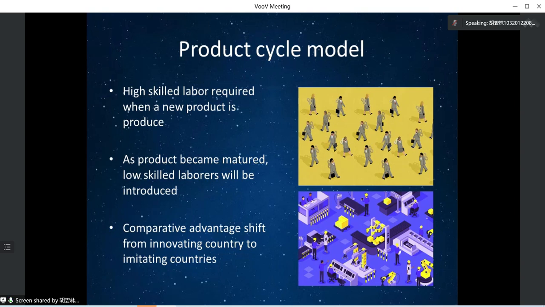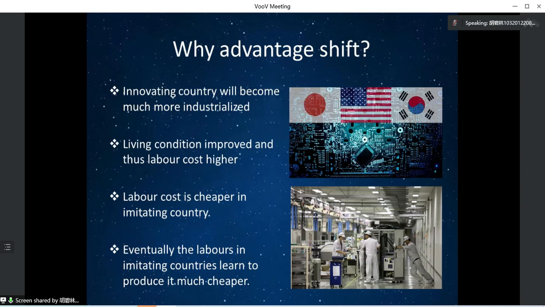Let me give you an example of this comparative advantage shift. During the last century, the US was the industrialized country, while in Asia there was a country called Japan, which had just recovered from World War II and was still not so advanced. They were still developing their economy compared to the US, which was already developed. The US imported a lot of commodities like cars, aircons, and televisions to Japan.